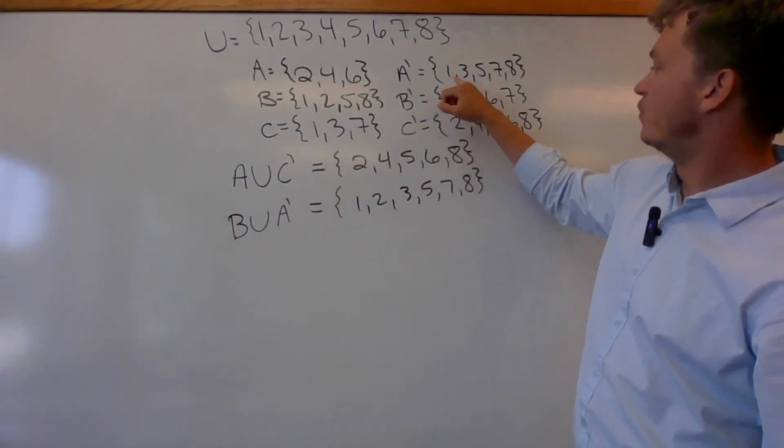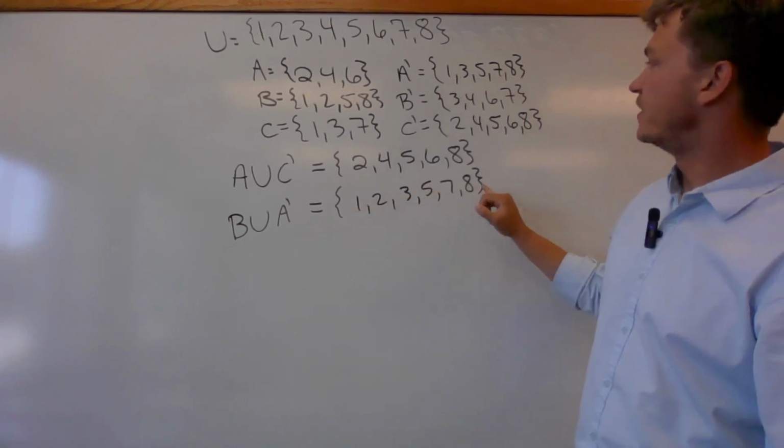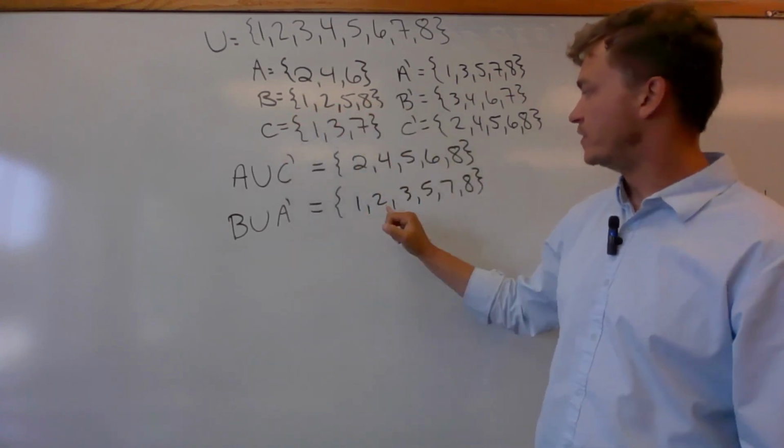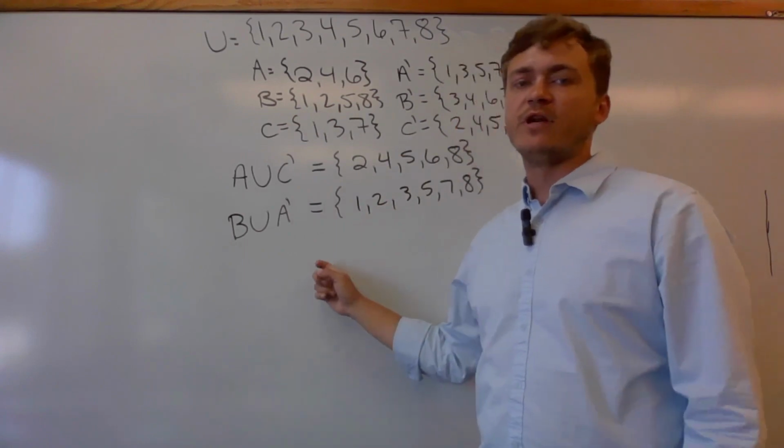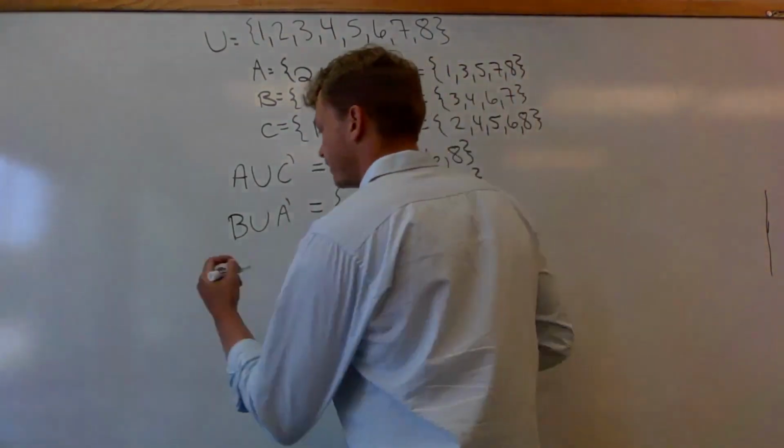A complement is 1, 3, 5, 7, 8, and B is 1, 2, 5, 8. It seems that everything's there. We try to find the intersection of these two sets.